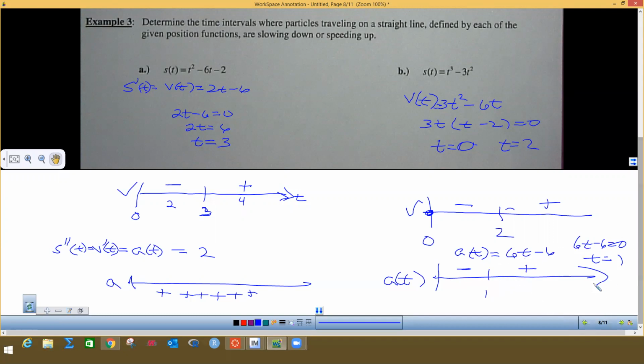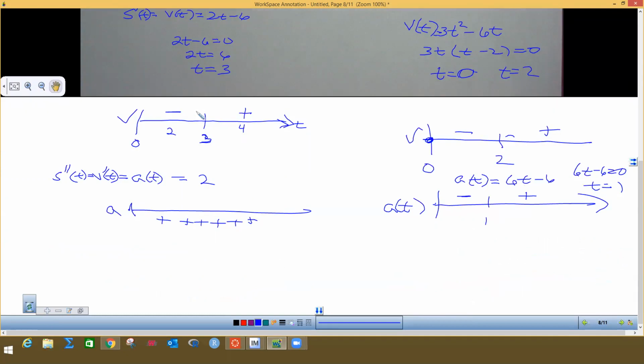So now what I'm supposed to do is tell what this object is doing by the signs, if these are the same or different. So if I put the 3 here, this is positive forever. I guess we're not really supposed to go back in time. I would probably say from 0 to 3, the object is slowing down because the signs are different. I'm going to tell why. I'm going to say because v of t is less than 0 because it's negative here, and down here a of t is greater than 0.